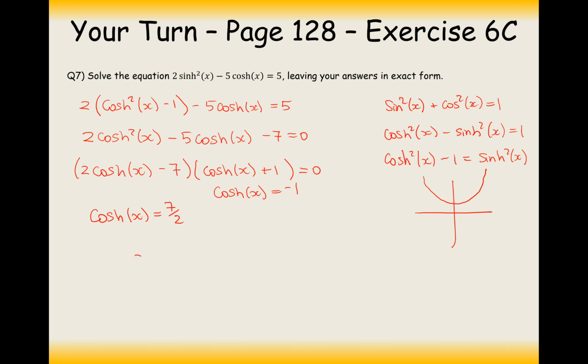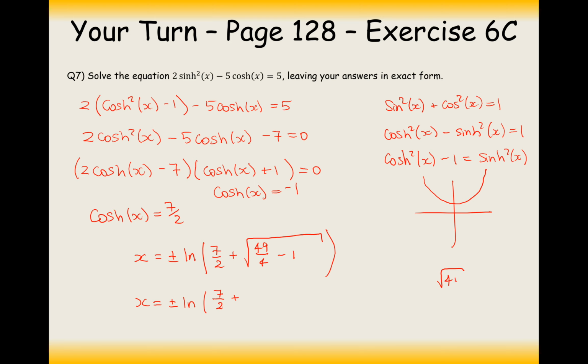So let's now work out what this is going to be. It's going to be x equals plus or minus, because the cosh equation will always give you a plus or minus answer. Then it's going to be ln of 7 over 2 plus the square root of, and let's use the identity, 7 over 2 squared, so 49 over 4 minus 1. So x equals plus or minus ln 7 over 2 plus root of 45 over 4.